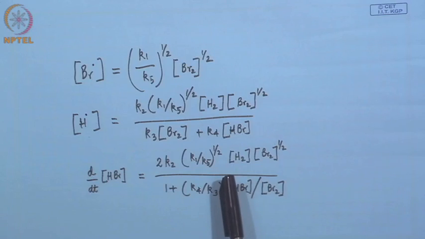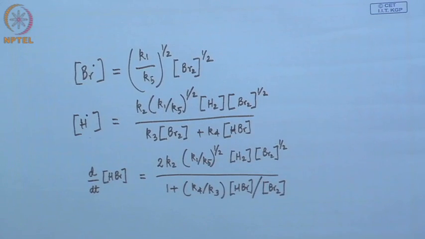So, considering all this and also invoking the steady state approximation onto H• and Br•, which is a requirement while treating these complex reactions, and after plugging in the respective expressions into the rate of production of HBr, we got this particular expression, which says that the rate of production of HBr has a fractional concentration dependence on Br2, and also as more HBr is produced, the forward reaction is a little bit inhibited, as evident from the mechanism.